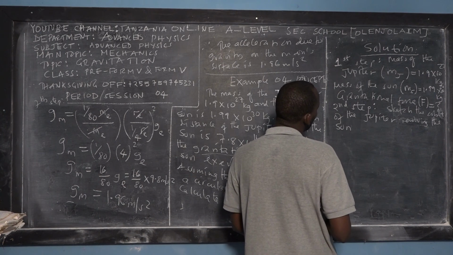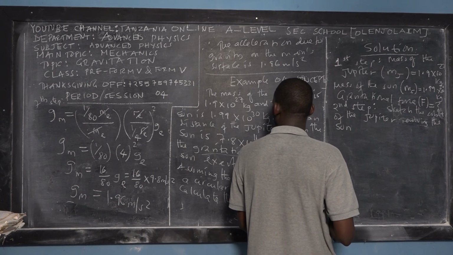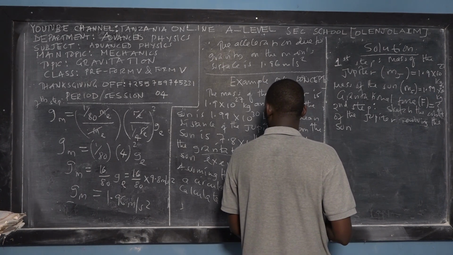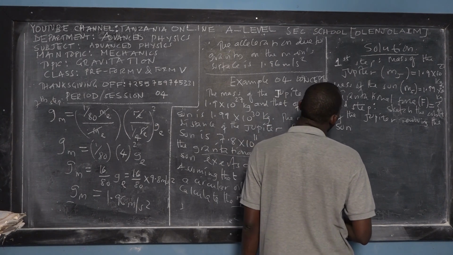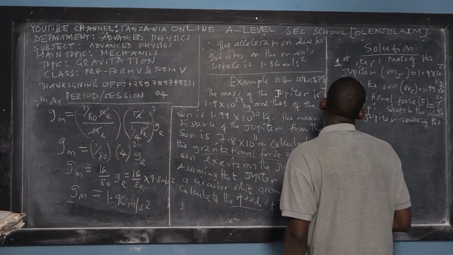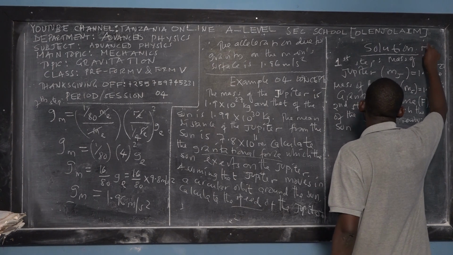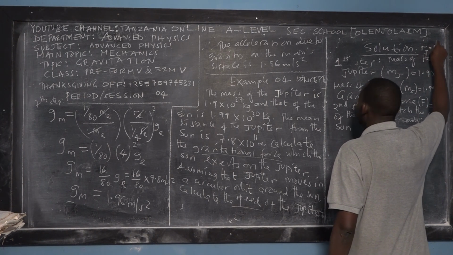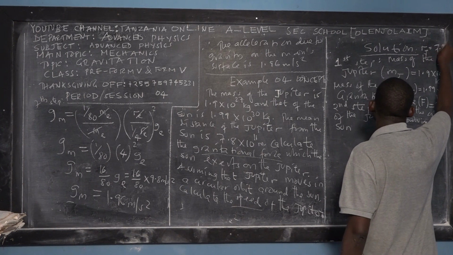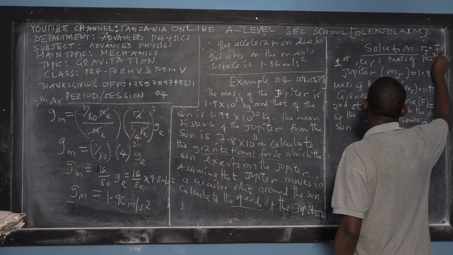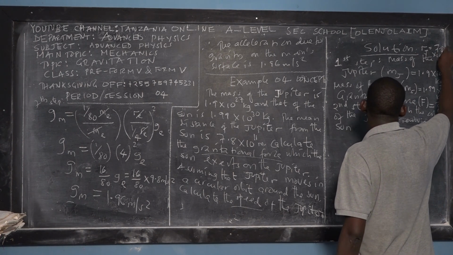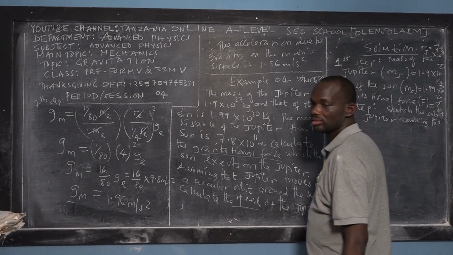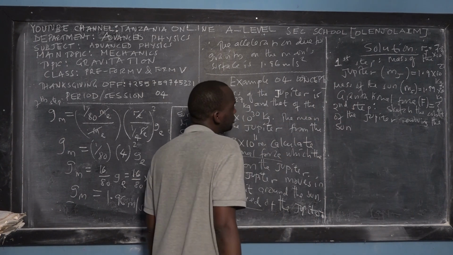It means that we have this distance also. Yes, I forgot. So in the data, we also have the distance of Jupiter, which is equal to 7.8 × 10^11. Okay?